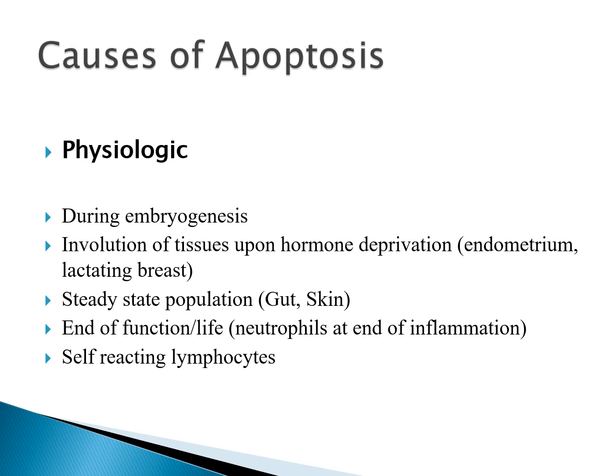To maintain a steady state population, like in the gut and the skin, these rapidly proliferating organs, rapidly proliferating epithelial cells, we always have new cells appear, and the old aging cells disappear, and these cells that disappear usually disappear by apoptosis, so that we will not build up layers of cells, for example, in the skin or in the gut, in the lining of the stomach or in the lining of the colon.